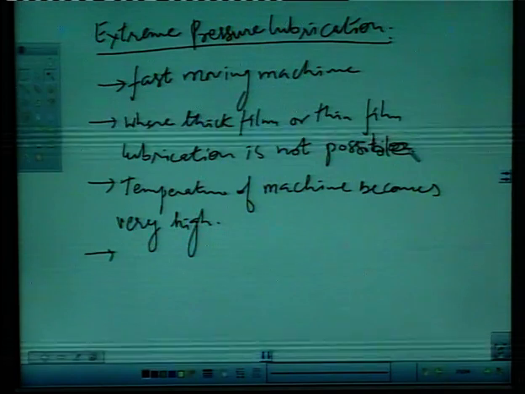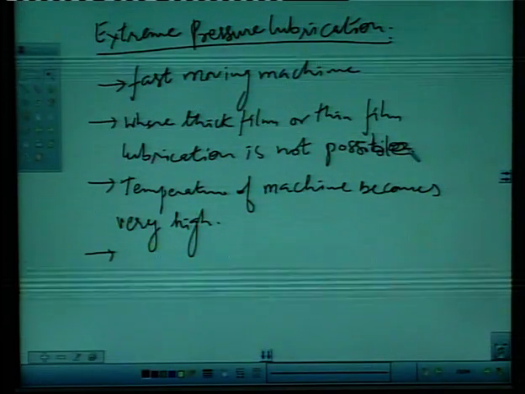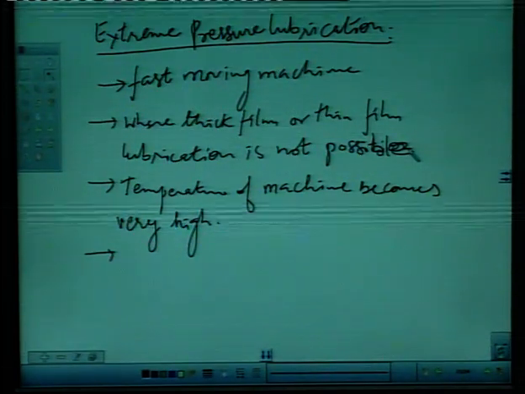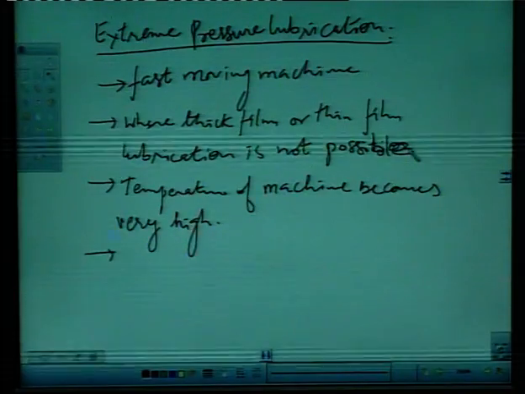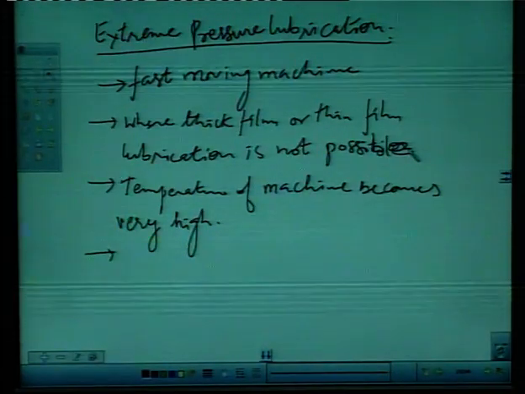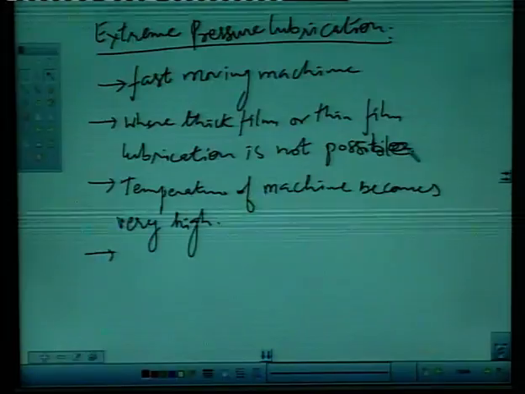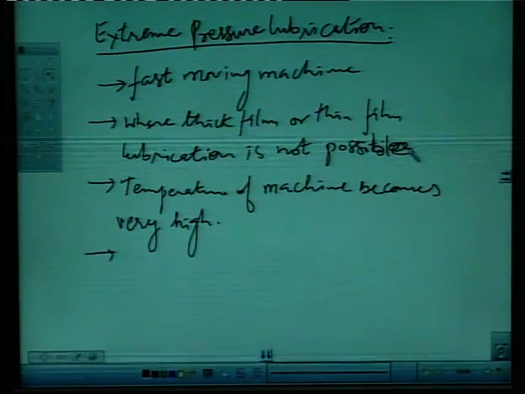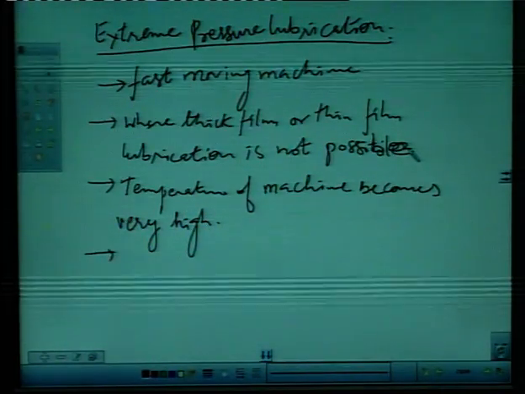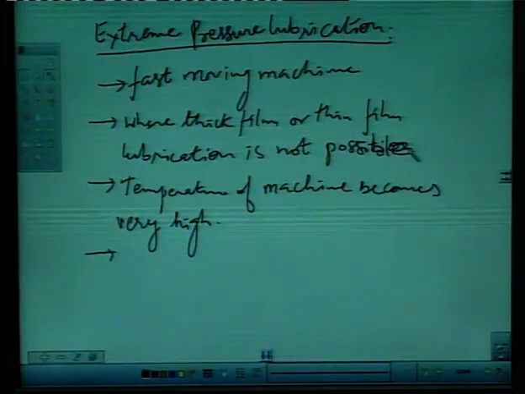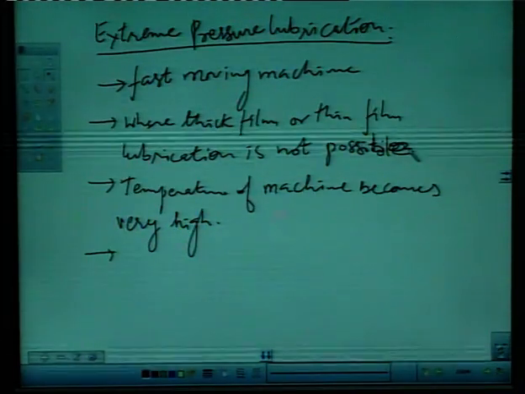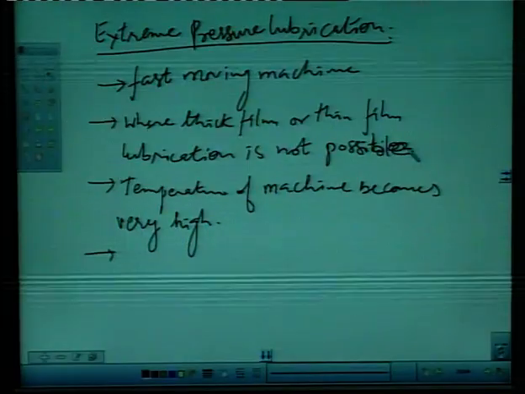So what are the extreme pressure additives? The extreme pressure additives are chlorides, sulfides and phosphorus. These are groups with hydrocarbon chains. These compounds react with the metallic surface at high temperature to form metallic chlorides.